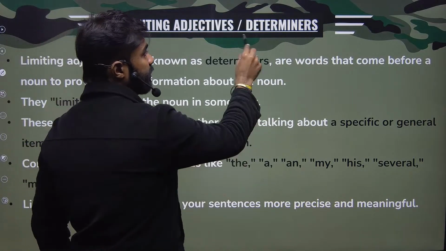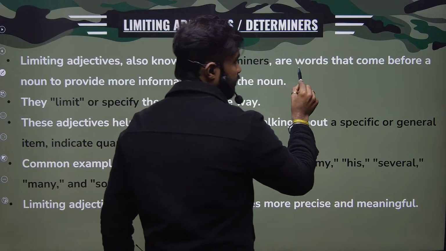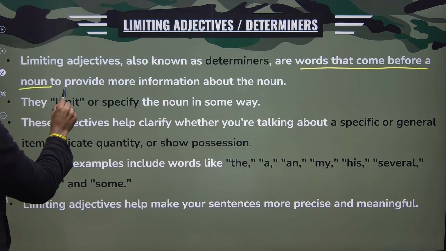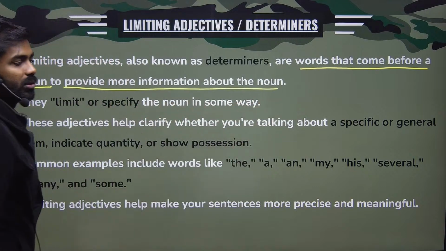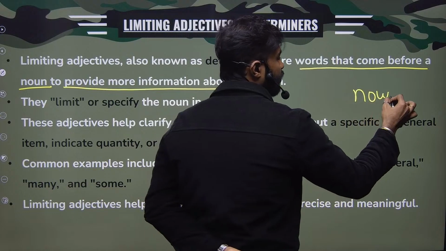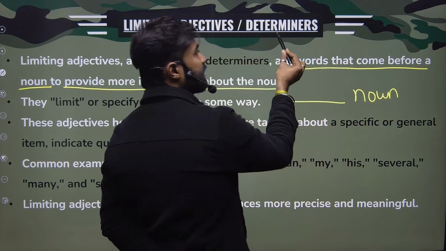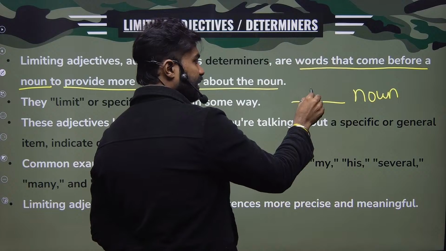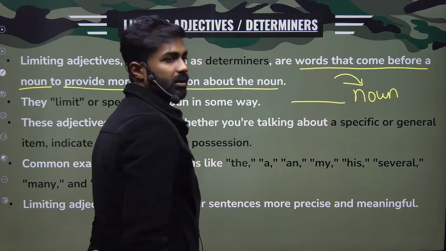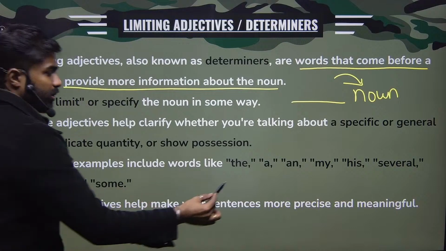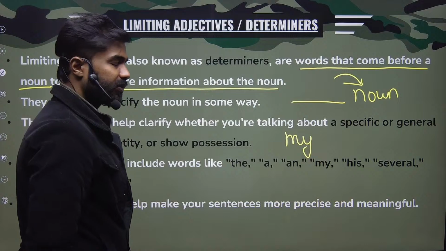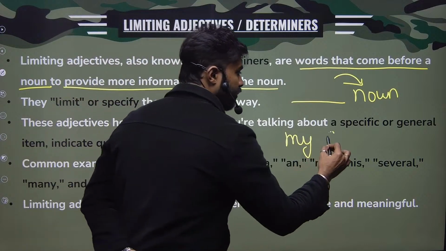So what they're basically saying is, if there is a noun, these limiting adjectives or determiners come before the noun so that they can modify the noun. For example, I told you in the first part of the session.